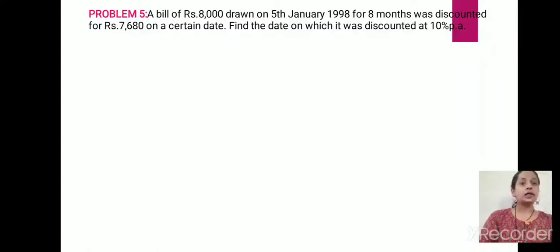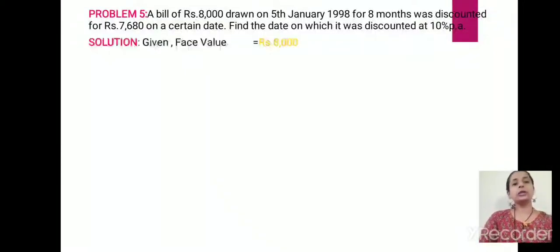Now I think the problem is given. In this problem, what is the given part that we will see first? As we have seen in the last few examples also, the given part is the face value. The bill is drawn for 8,000, so that is the face value. Then the date of bill, when the bill is drawn, is 5th January 1998.